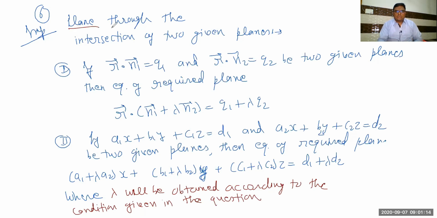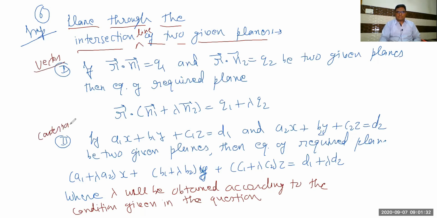So, plane through the intersection line of two given planes. We have to learn this formula in two ways, in vector type and in Cartesian type. Okay, let us come to the next formula.